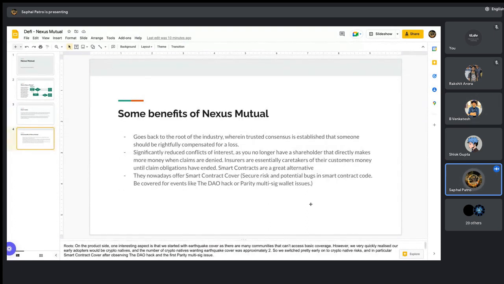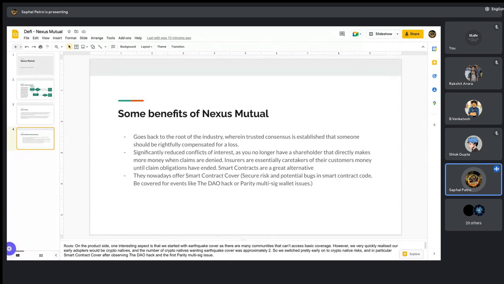Some of the benefits of this protocol are that it is completely based on consensus: firstly a pool of people vote, and in case no majority is reached, then all of the people in the protocol vote on a particular claim, which really democratizes the process and removes third-party actors. There are a lot of cases where people are wrongfully denied insurance, so this eliminates that.